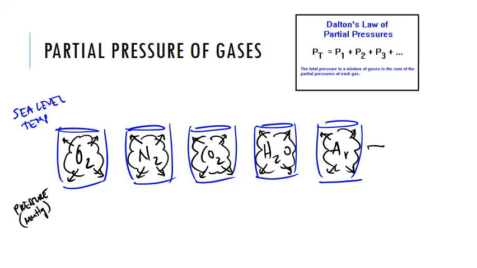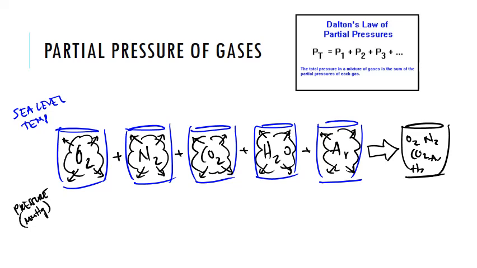And let's say if we wanted to put all of these gases into one single container, again with oxygen, nitrogen, CO2, argon, water, etc., we would find that each of the individual pressures of each of these gases would add up in here.